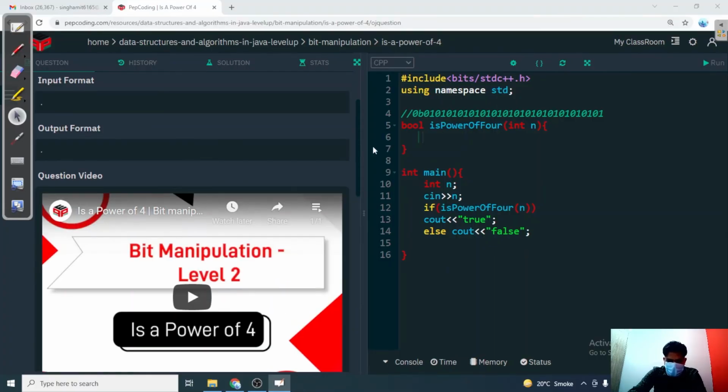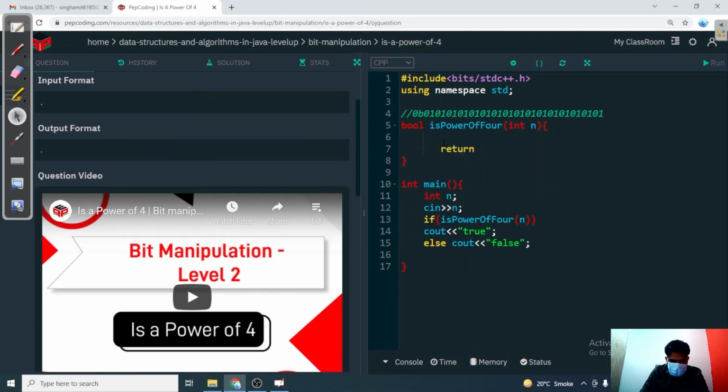Now we are going to code this problem. What we have to do is return n greater than 0 and n minus 1 equal to 0, and then the mask check.